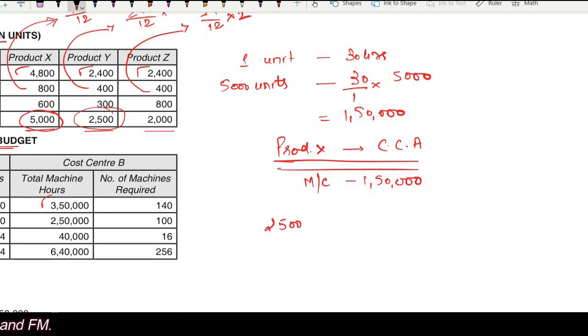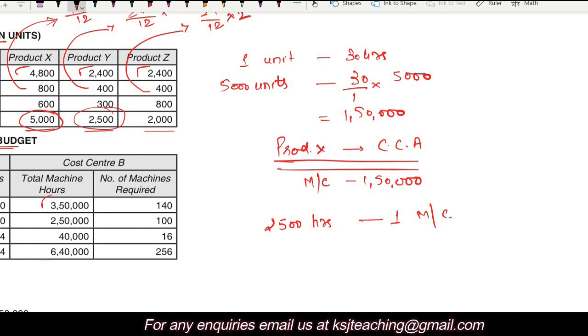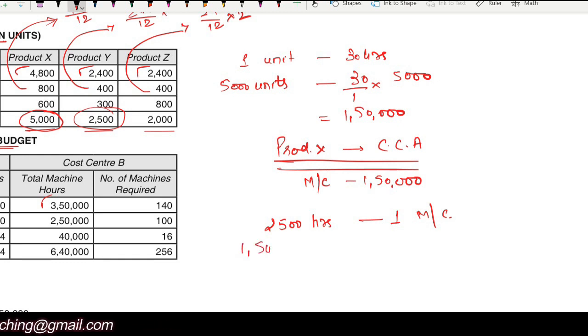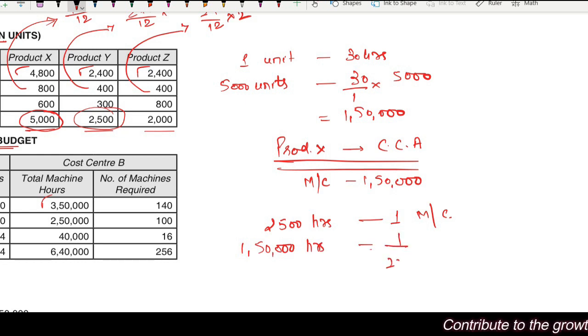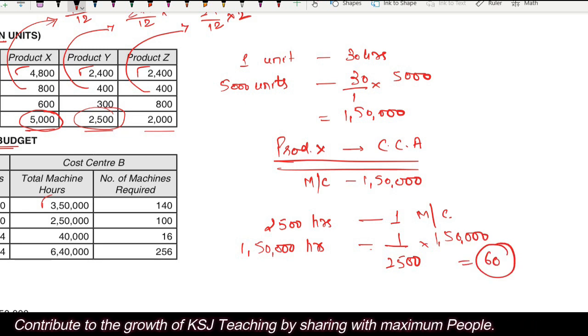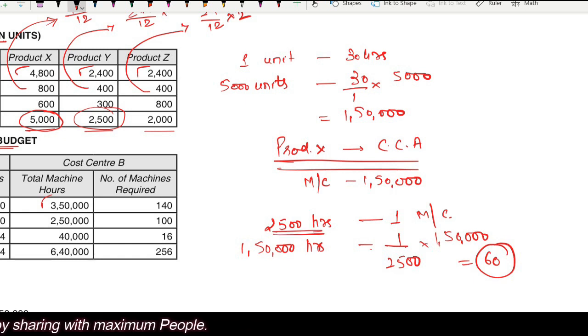Now I say 2,500 hours is the working for 1 machine, right? So for 1,50,000 machine hours, for every 2,500 machine hours we require 1 machine, as given in the question. So if you want to run these 1,50,000 machine hours, how many machines will be required? 60 machines will be required, where 1 machine will run for 2,500 hours.